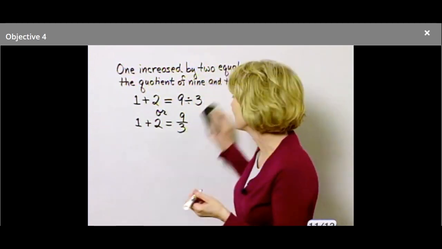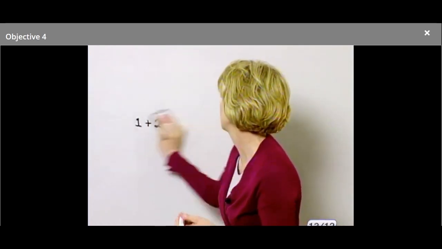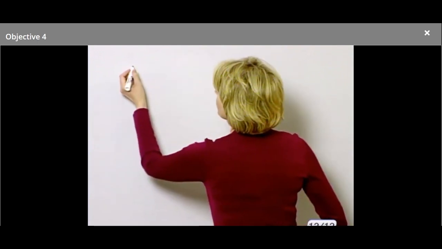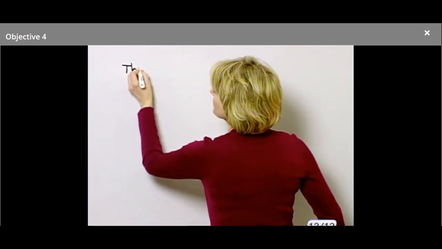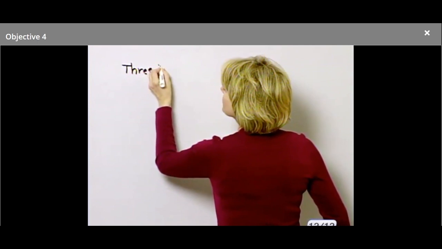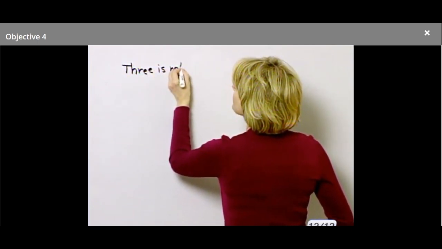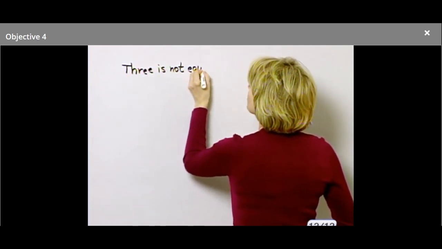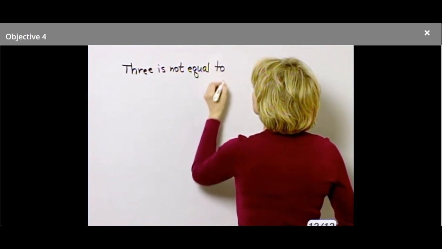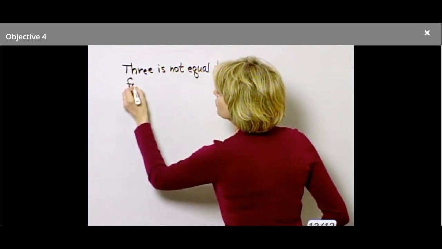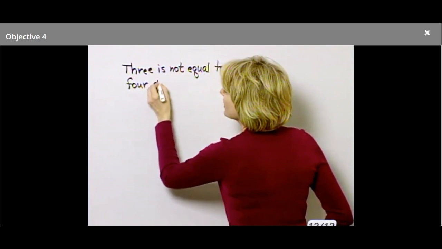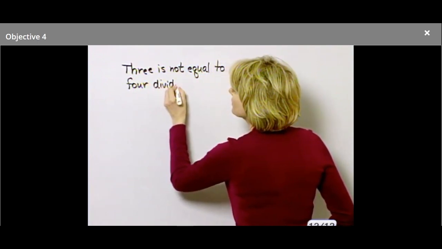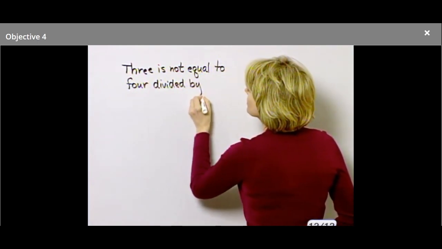Let's translate again. Let's suppose I have, say, 3 is not equal to, and then let's just use 4 divided by 2.